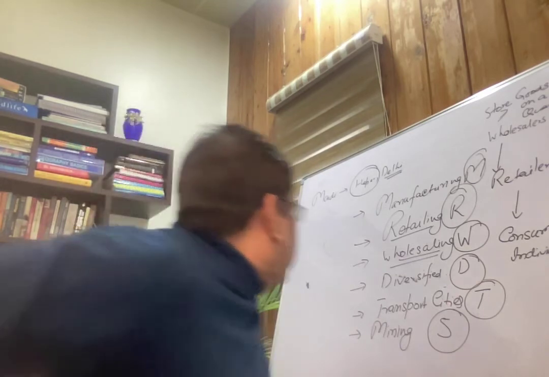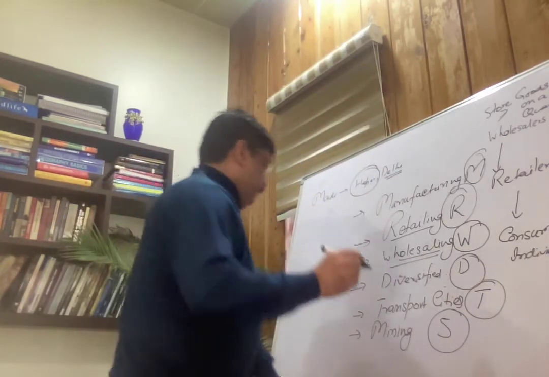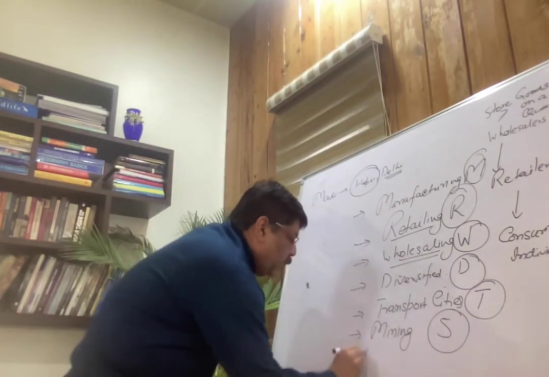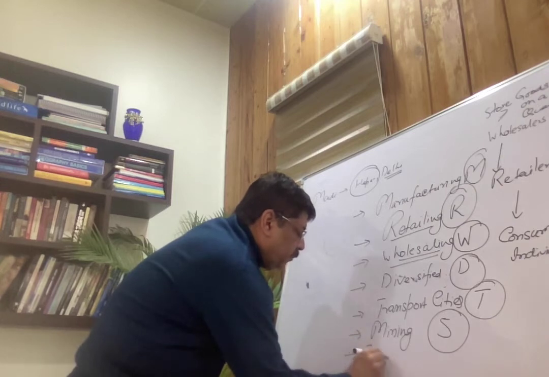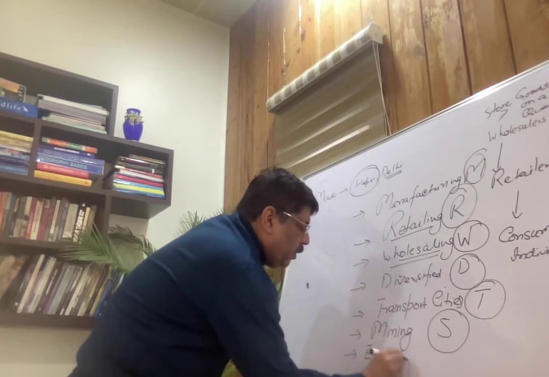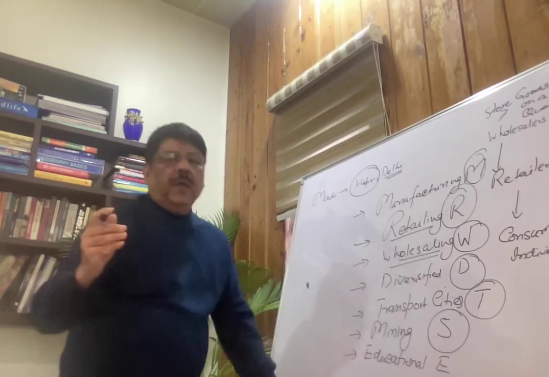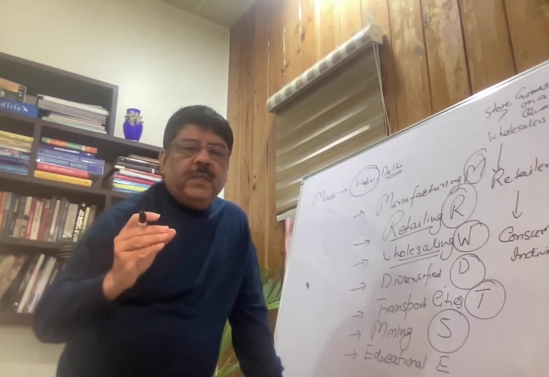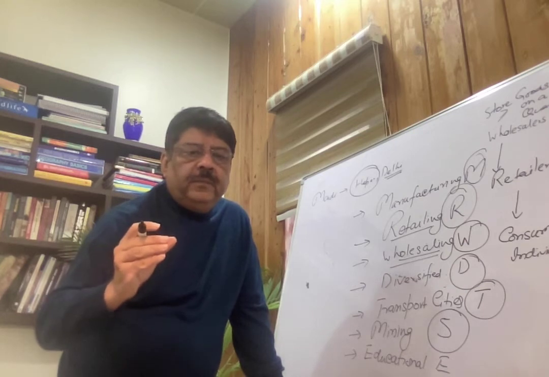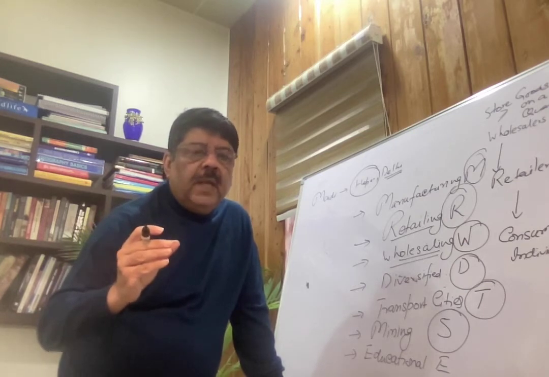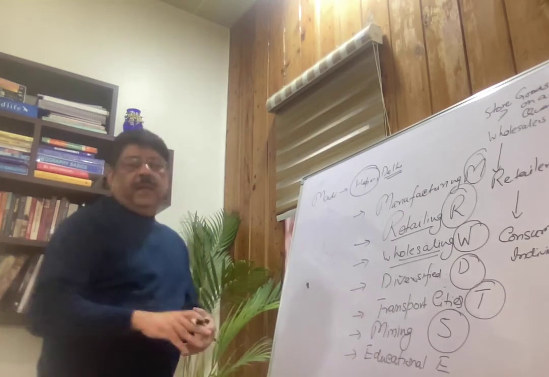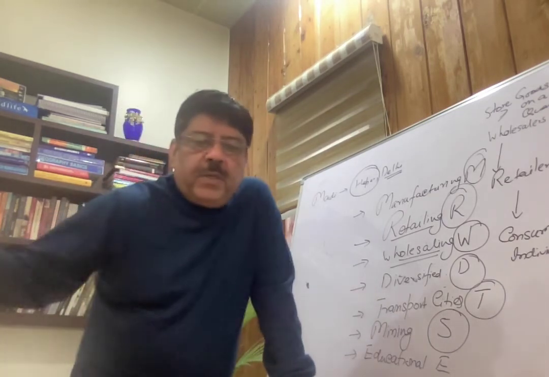Then he took another subtype, the educational city. Can you give any example? Aligarh is one, and in ancient times Takshila was an educational city.